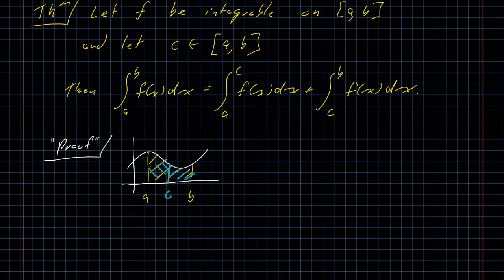Notice that what I'm doing is I'm calculating the area of this region, and I'm calculating the area of that region, and I'm adding them together to get the entire thing.